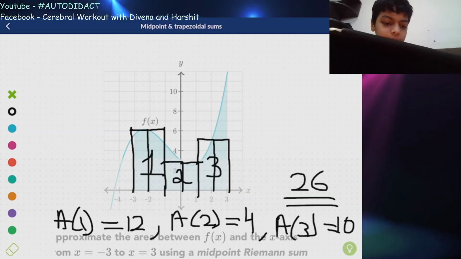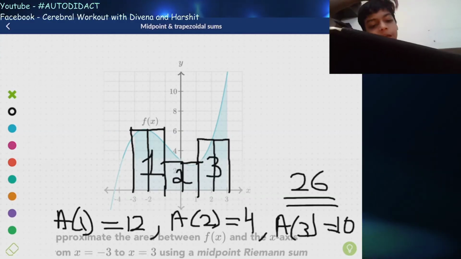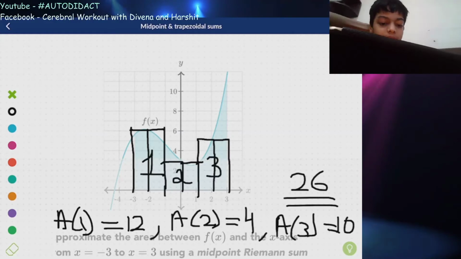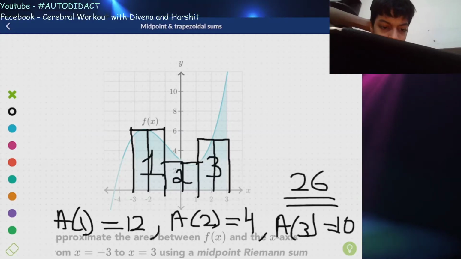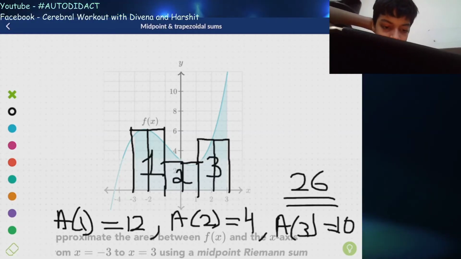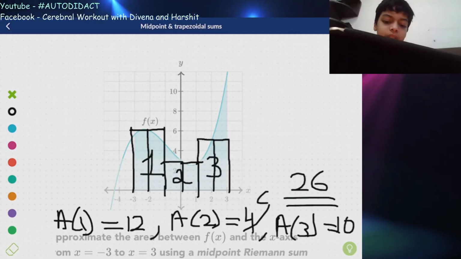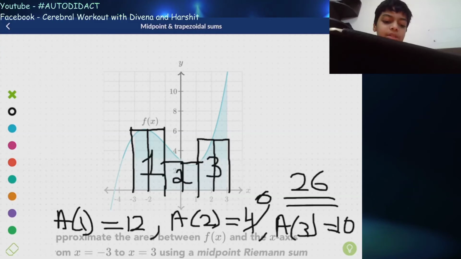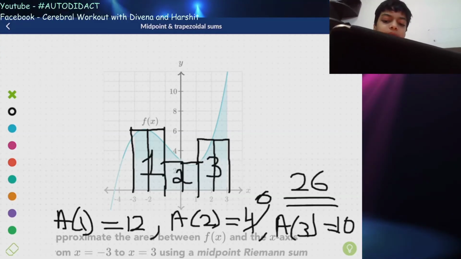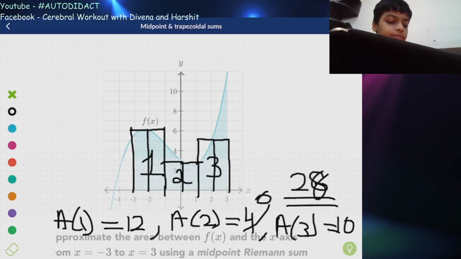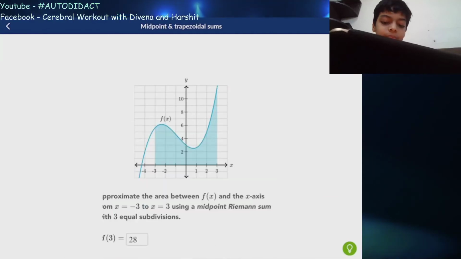The first one, its area is 6 times 2, which is 12. This one was 3, and 3 times 2 is 6. I put 4, but this was just 6. 6 plus 12 is 18. 18 plus 10 is 28. Let's check.